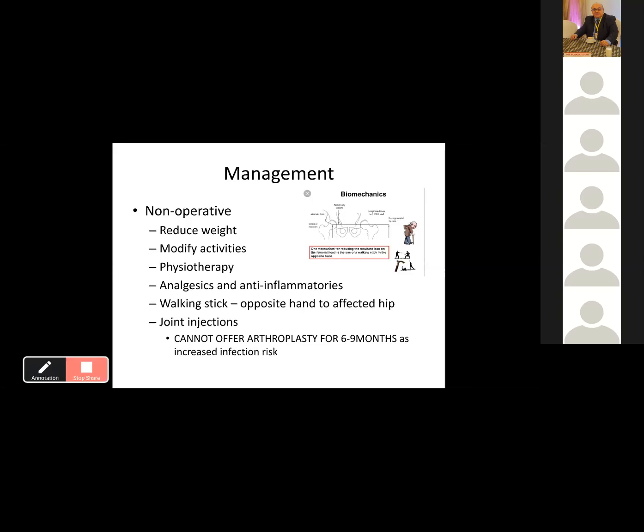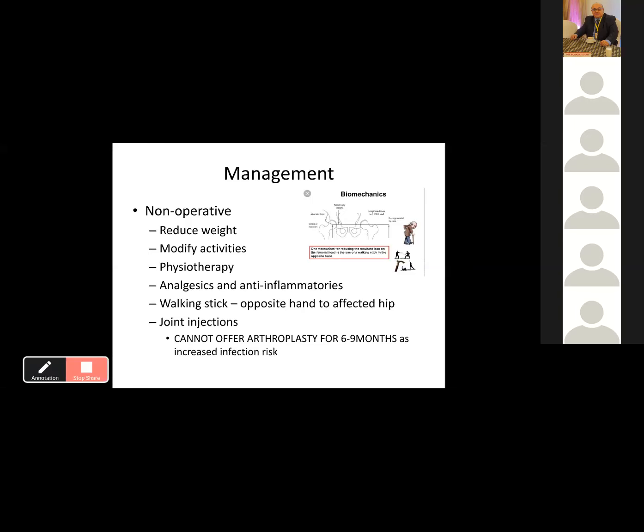But if that gets you a very good result and takes away their pain, that tells you that a joint replacement will be a good option for that patient. If it takes none of their pain away, then it's not going to be a good option. It will be more likely that you should investigate their back and look into doing an MRI scan of their back, looking for nerve entrapment there.